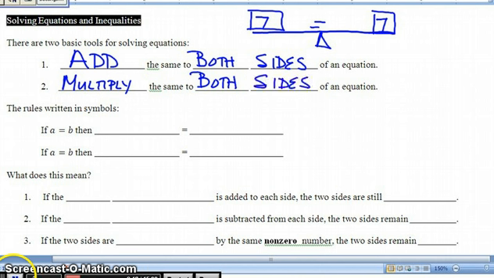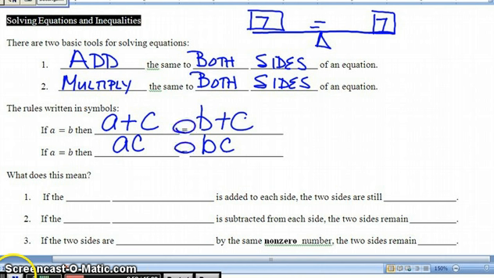So the rules would be written: if we have an equation where A equals B, and we add C to the left side of the equation, we need to add C to the right side of the equation. Same thing when we're multiplying. If again A equals B and we multiply A times C, we need to multiply B times C to keep them equal and in balance.